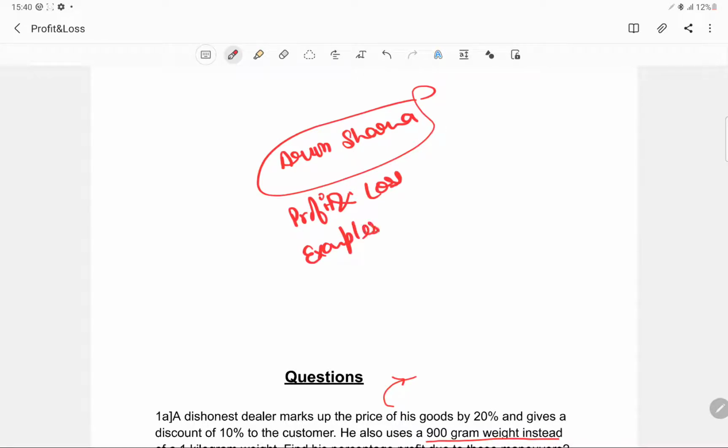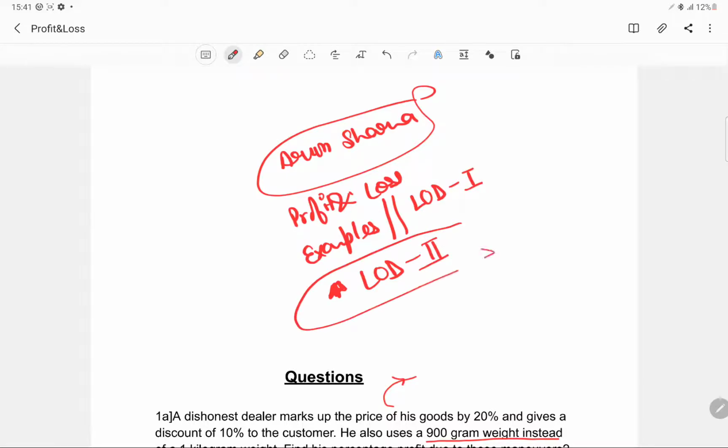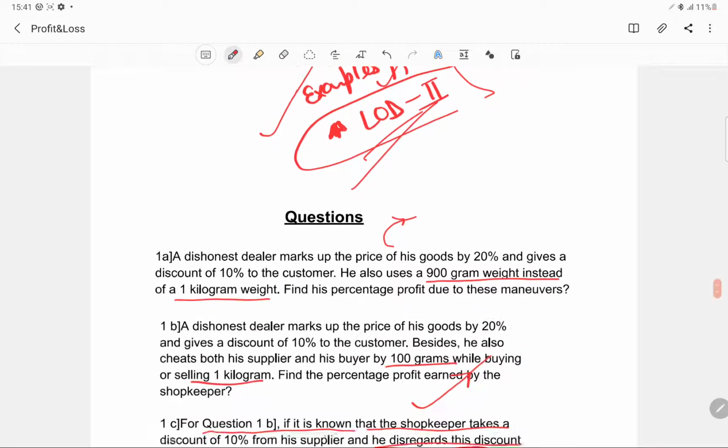You can take up LOD1, and if you still want, not very important, but if you feel you want to do it, you can also go for LOD2. You will find some good questions over there, but this is compulsory. For getting the chapter, just do the examples 1 and LOD1, and your entire concepts will be covered. If you are willing, then you can also go for LOD2.